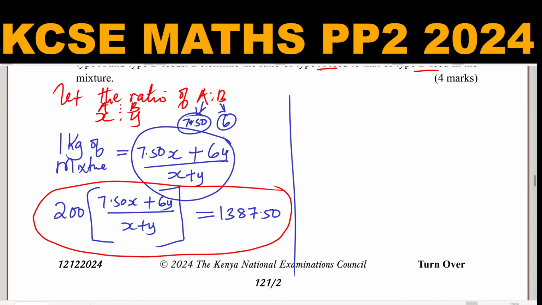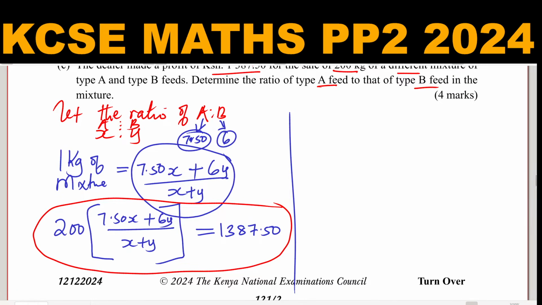So you can see that with this equation we'll be able to get the ratio X is to Y. The first thing we're going to do is divide both sides by 200. So the left hand side gives 7.5x plus 6y divided by x plus y is equal to 1387.5 divided by 200.